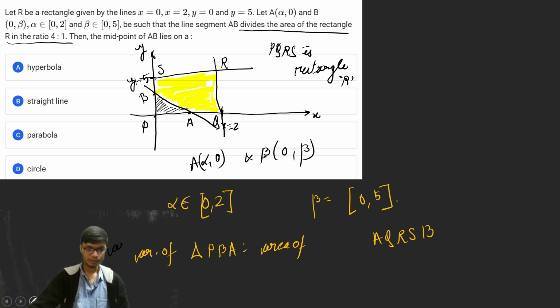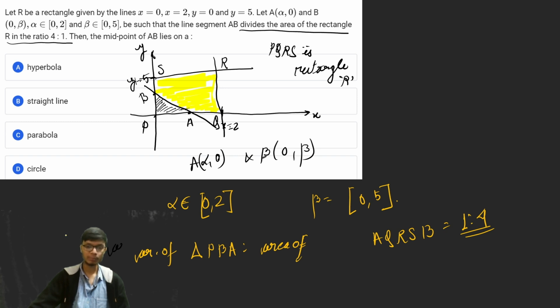So the ratio given is basically 1:4, which is mentioned in the problem: the line segment AB divides the rectangle in the ratio 4:1. Now we have to find for the midpoint.